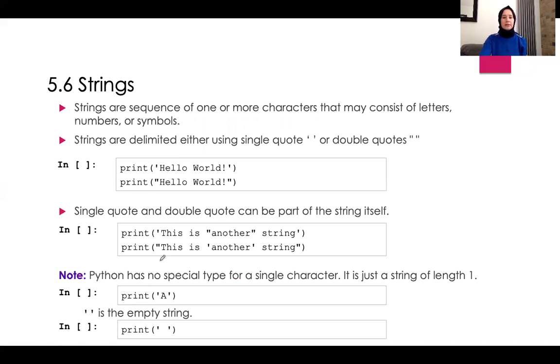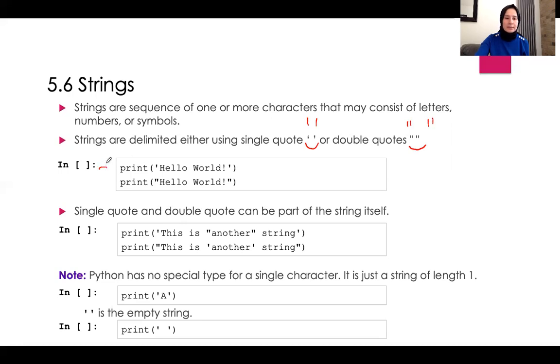Let's look at strings, and there are several things we will be looking at with strings. Strings are sequences of one or more characters that may consist of letters, numbers, or symbols. Strings are delimited either using single quotes or double quotes, as you can see here.